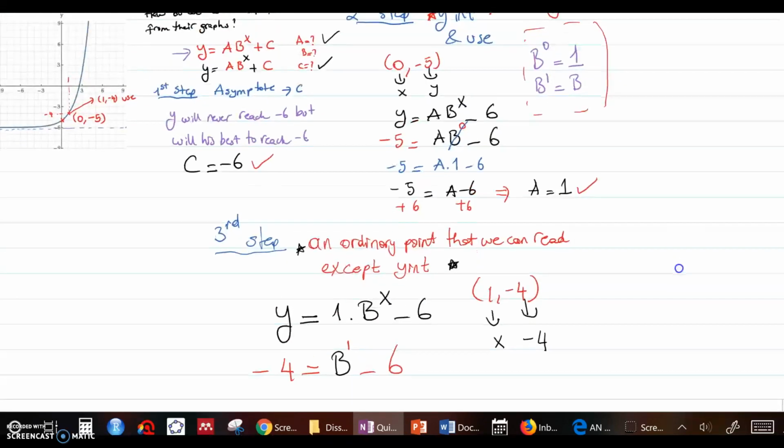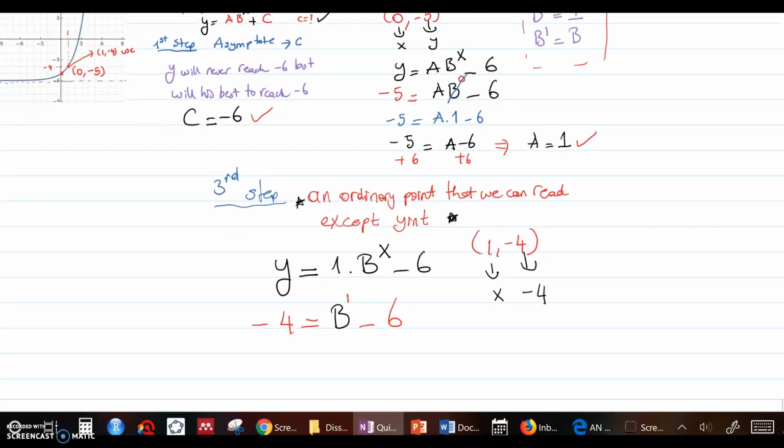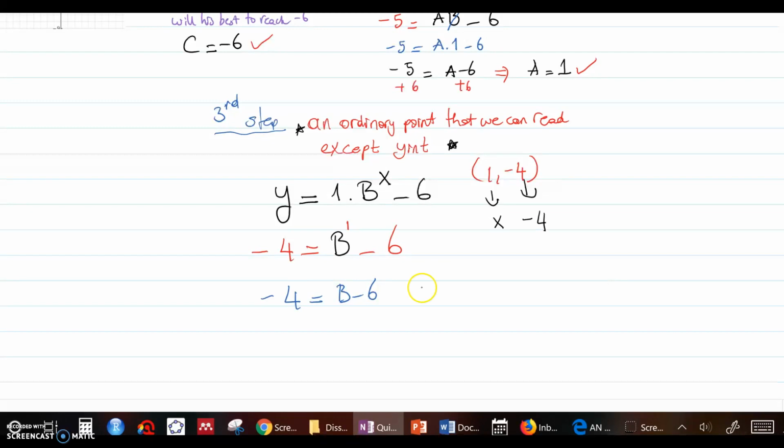Remember, we talked about anything to the power 0 is 1, anything to the power 1 is itself. So b to the power 1 is b. Good. So we can write a cleaner version of this. Now we can solve for b. We add 6 to both sides. Then we're going to get b is equal to 2.